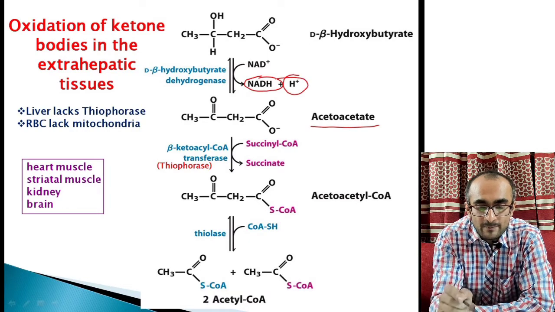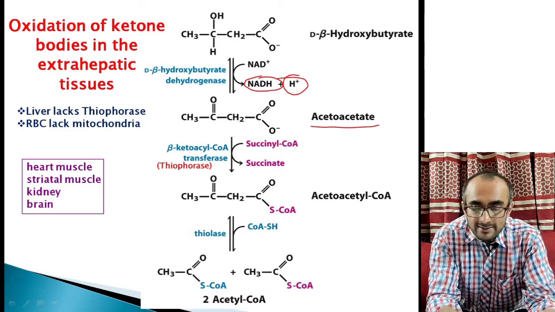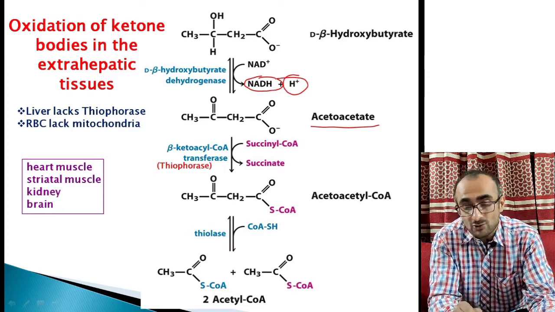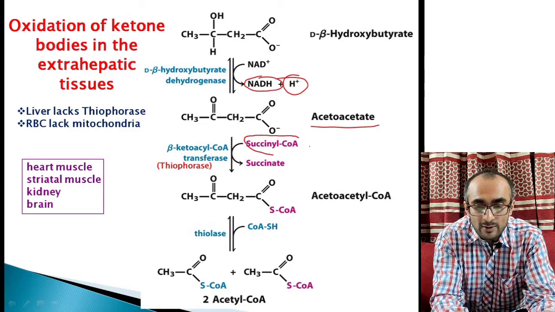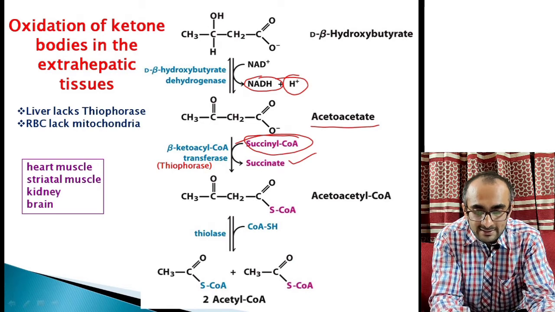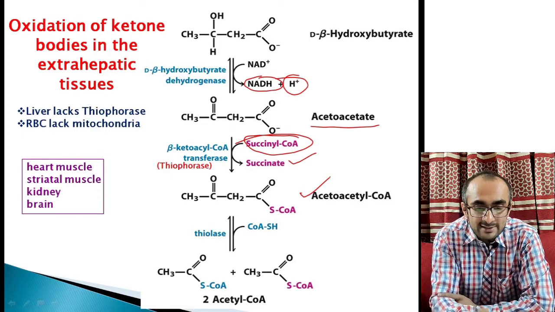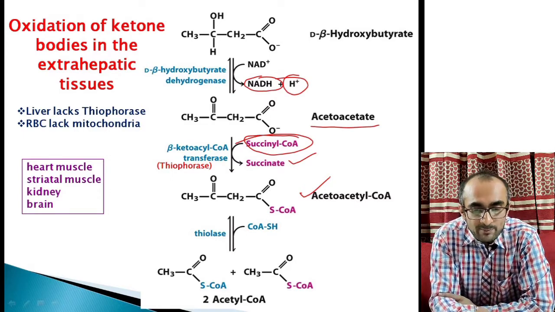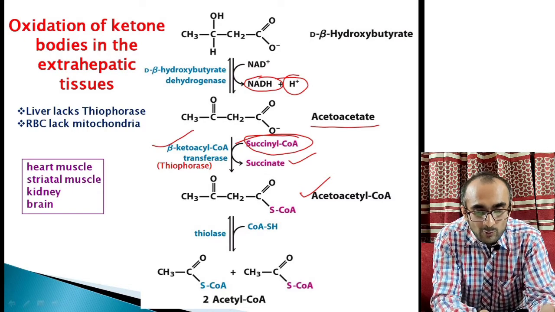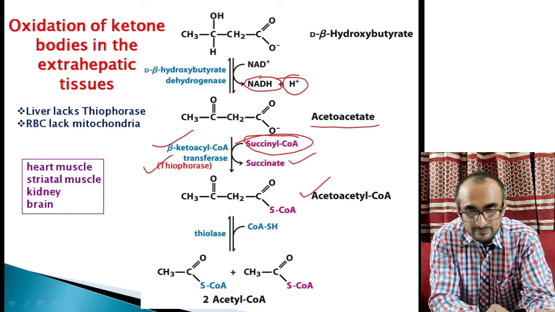One NAD+ molecule is converted to NADH and H+ here. Now this acetoacetate uses coenzyme A from one of the intermediates of the citric acid cycle, succinyl coenzyme A, converting succinyl coenzyme A into succinate, and the coenzyme A is transferred onto acetoacetate to convert it into acetoacetyl coenzyme A. This reaction is catalyzed by the enzyme beta-ketoacyl coenzyme A transferase, also called thiophorase.